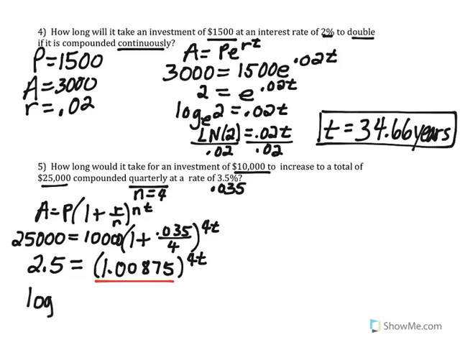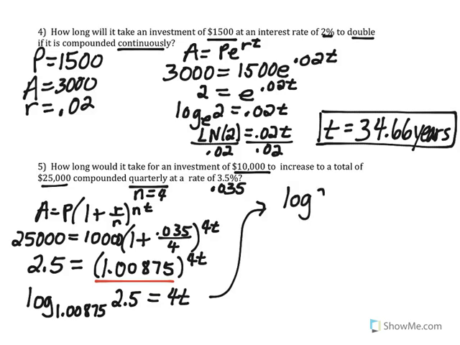So it'll be log base 1.00875 of 2.5 equals 4t. I'm going to do the rest of the work up here. So it's going to be log 2.5 divided by log of 1.00875 equals 4t.